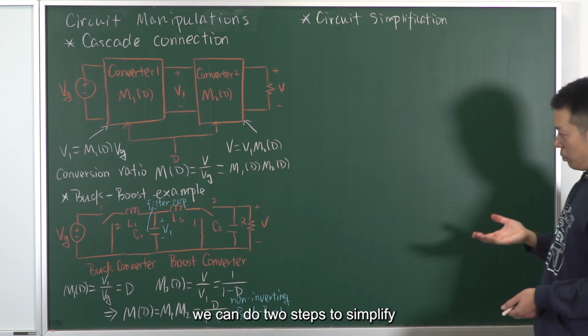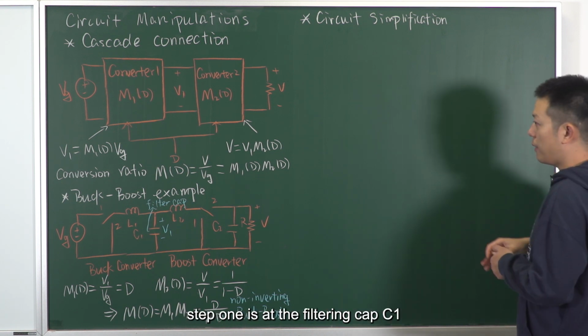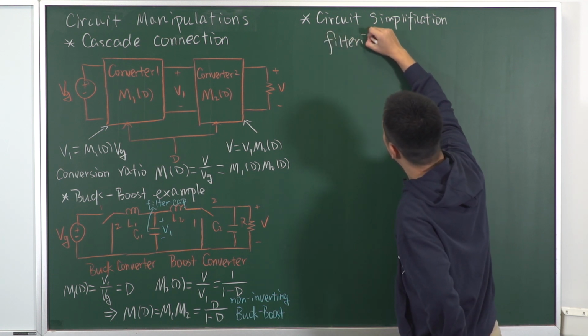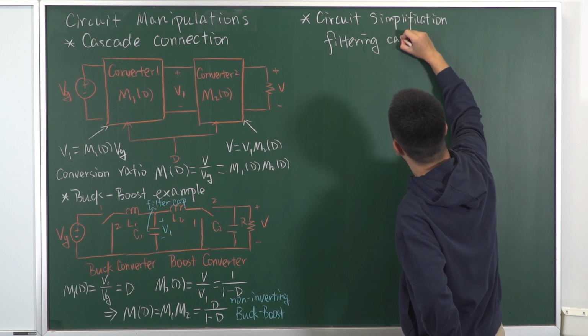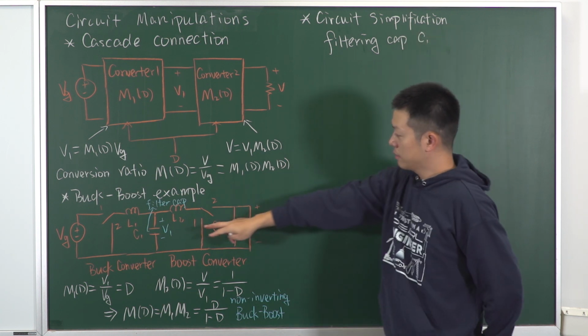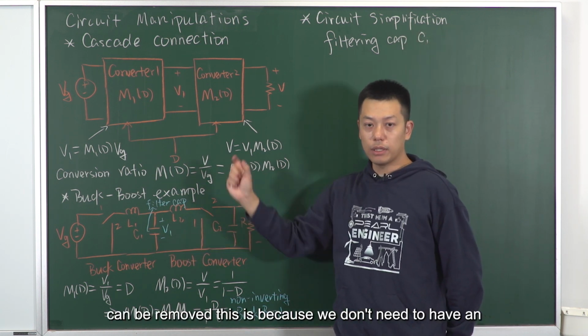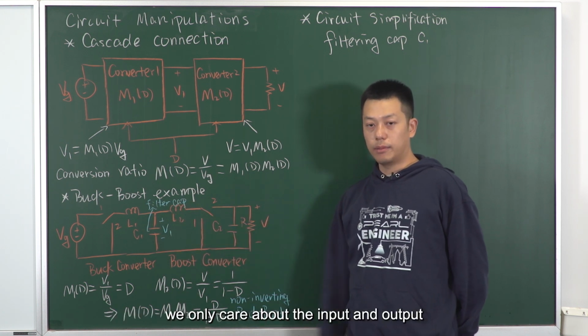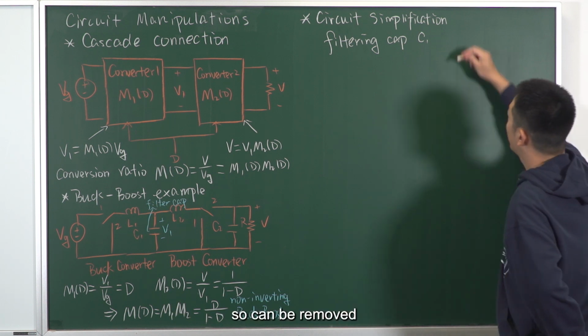We can do 2 steps to simplify. Step 1 is that the filtering cap C1 can be removed. This is because we don't need to have an intermediate DC voltage. We only care about the input and output. So it can be removed.